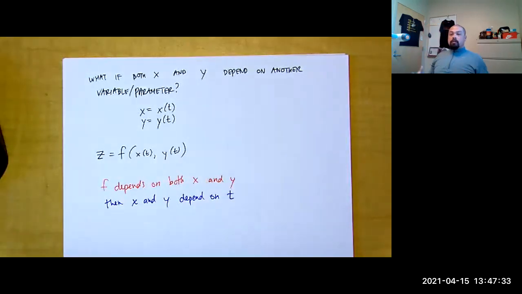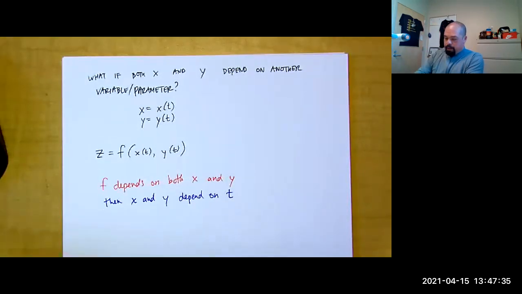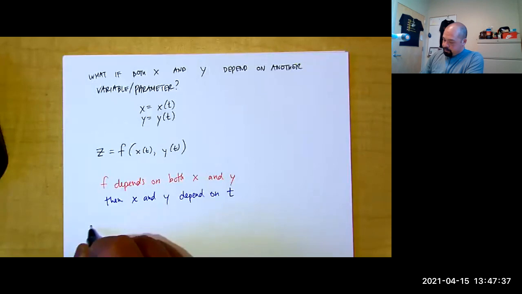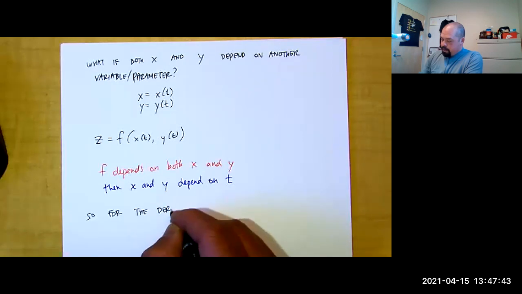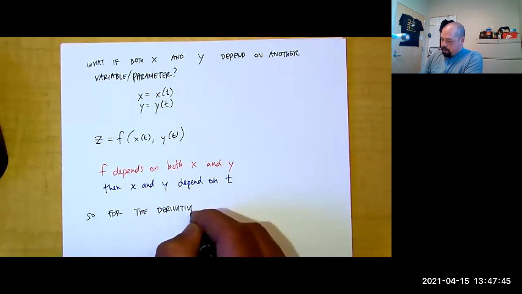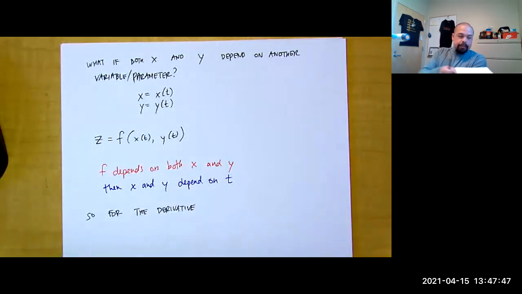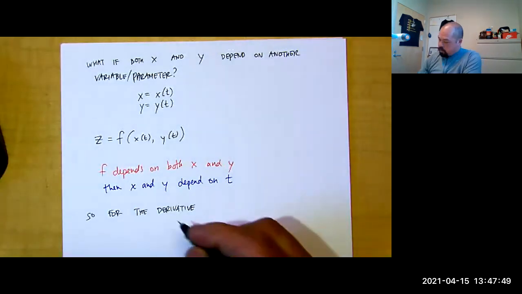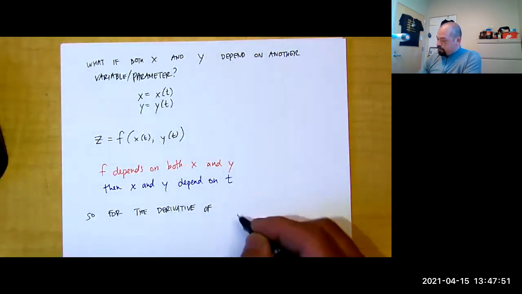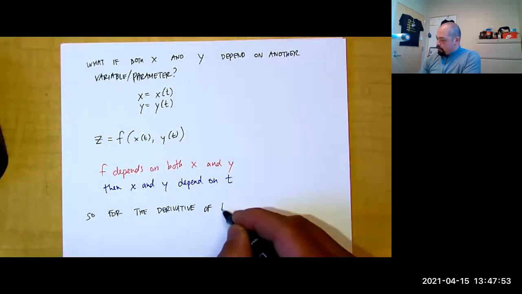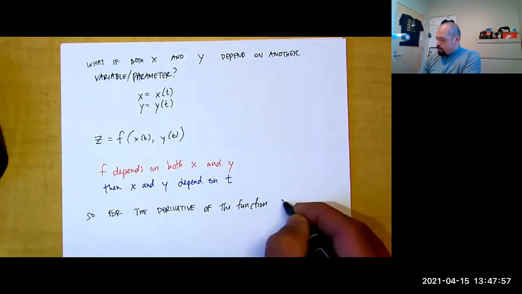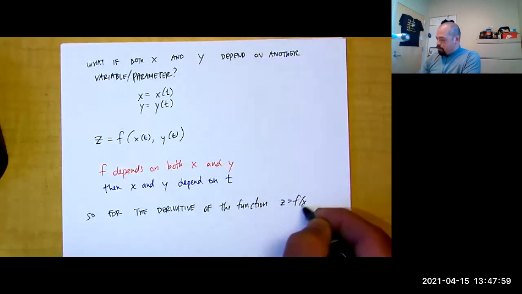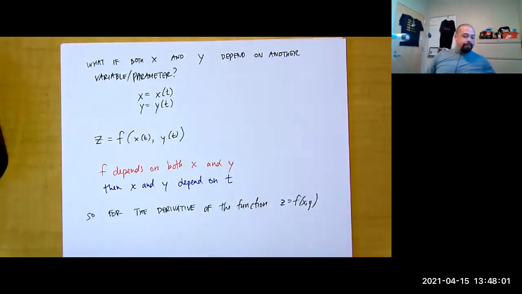So when we start to work on then that derivative of that function z is equal to f of x, y, okay?